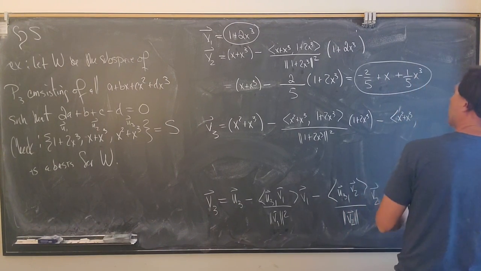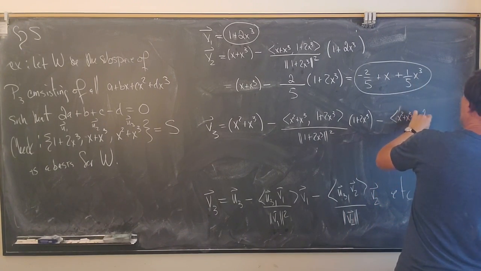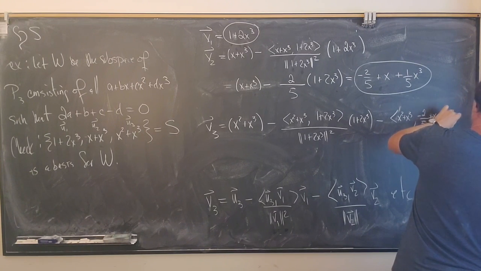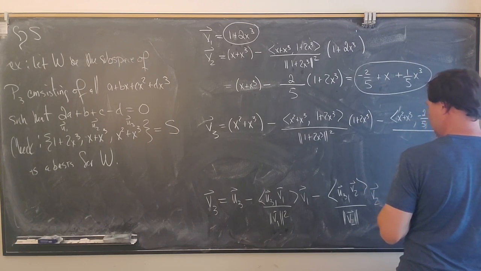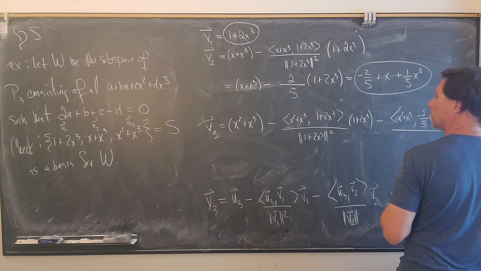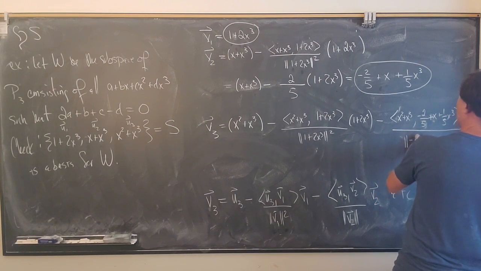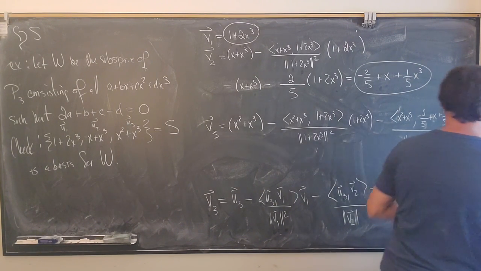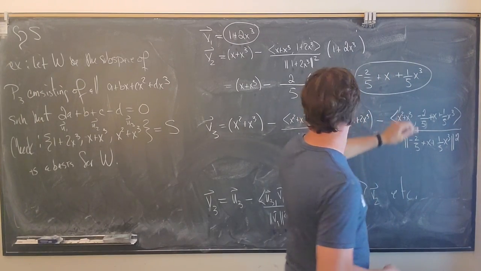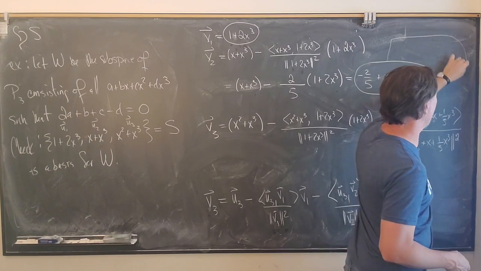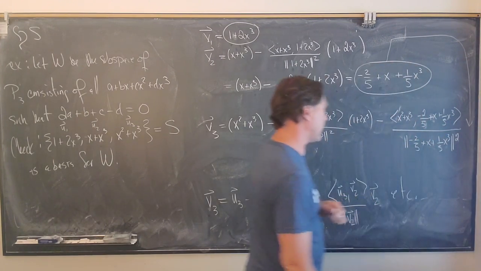And so this will be with negative 2/5 plus x plus 1/5 x cubed, divided by the length squared of v2, and sorry, I ran out of room, but now this is going to be multiplied by v2, so I put it right in there.